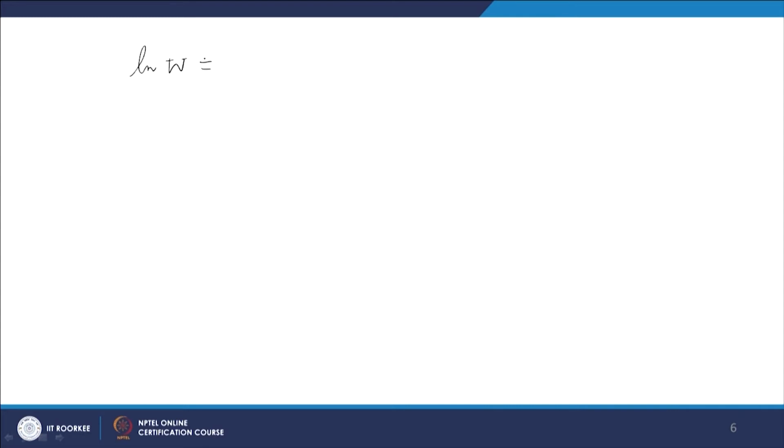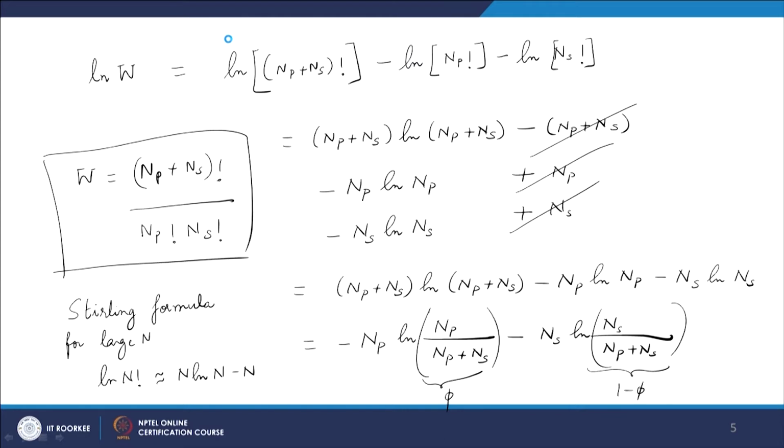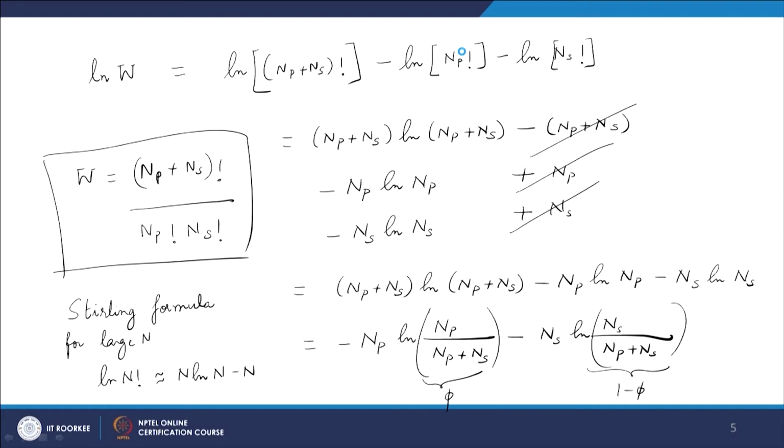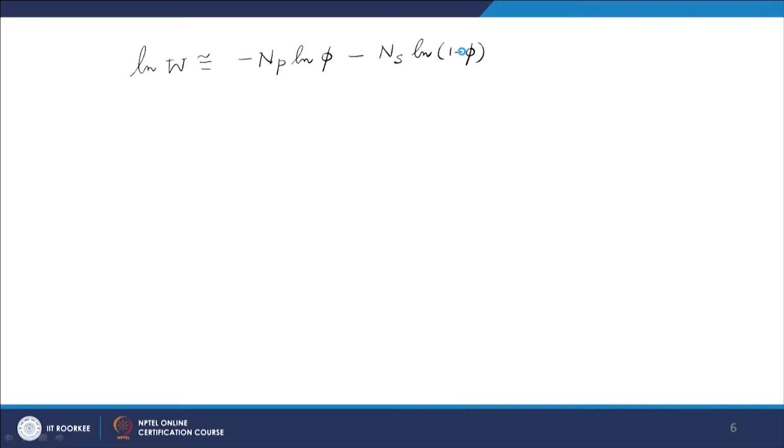ln W is approximately equal to −Np ln phi − Ns ln(1 − phi). This is what we have derived from here. Okay.